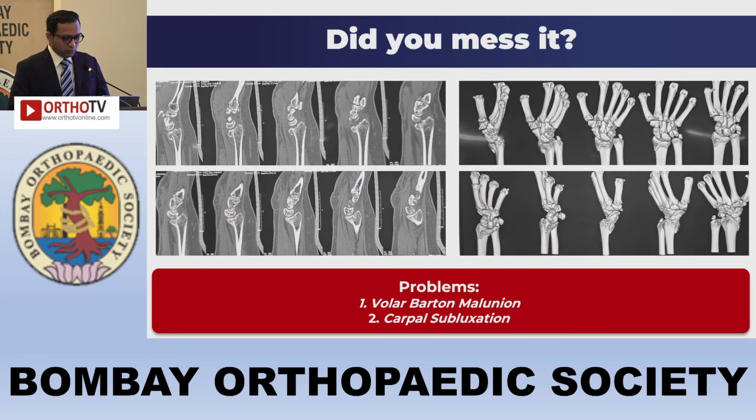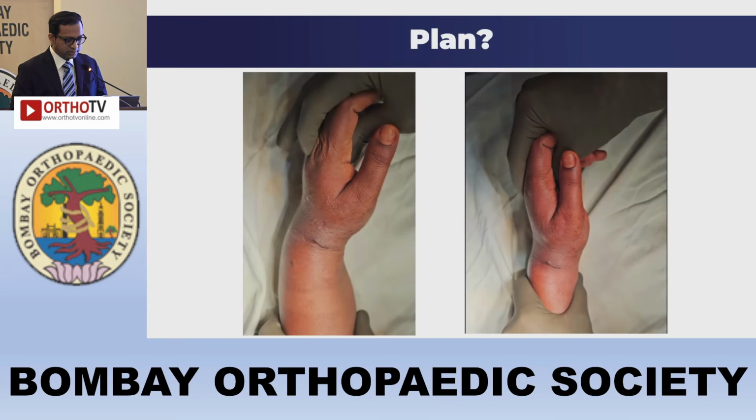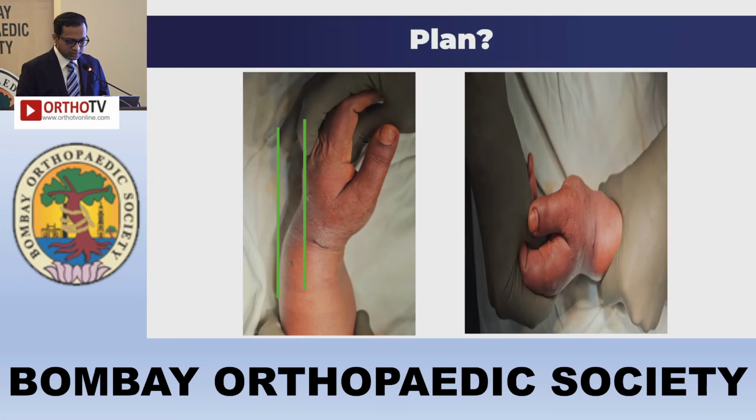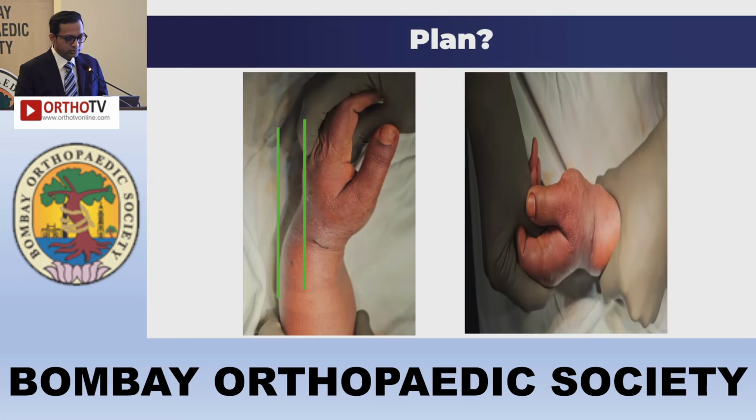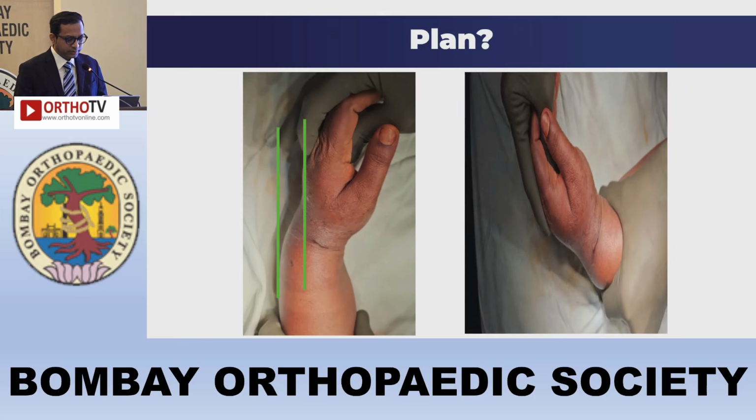So the volar subluxation was a volar Barton, which is now malunited. And this was her clinical picture. Entire carpus is subluxated volarly, and that was also relatively painful.